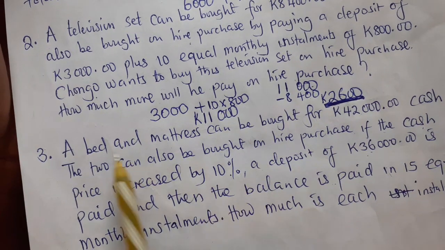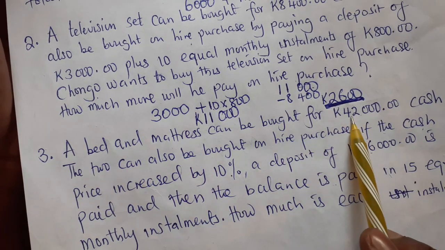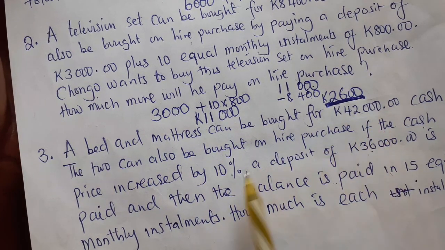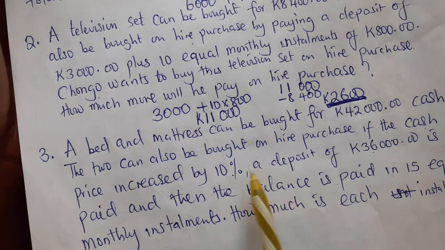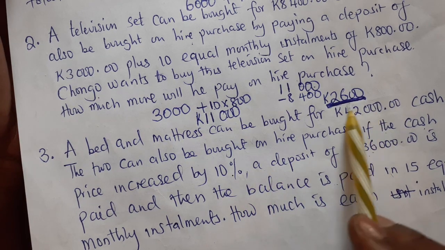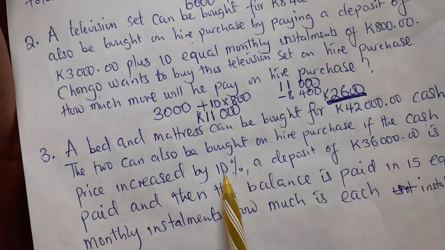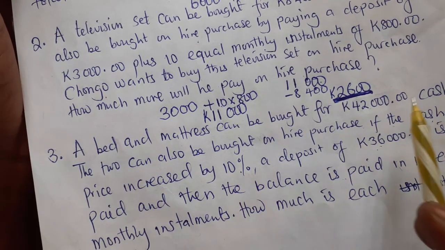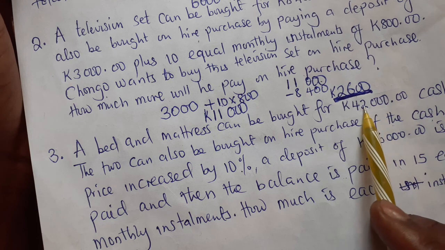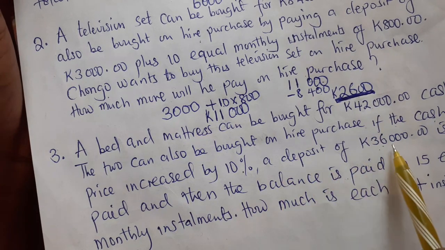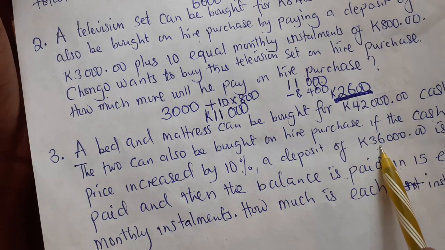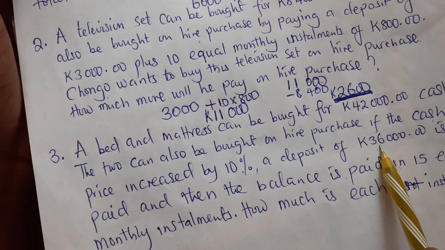All right, so the cash price is 42,000. What about the hire purchase price? We are told that this amount has to increase by 10%. Okay, so when this amount increases by 10%, then now you pay a deposit of 36,000.